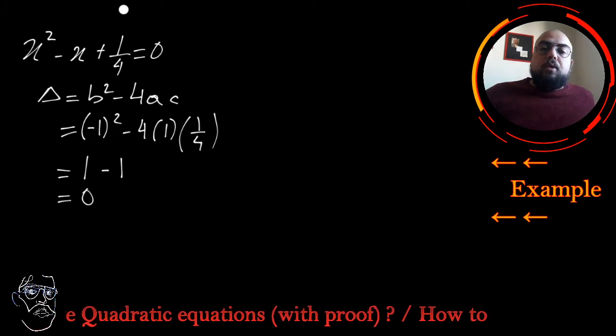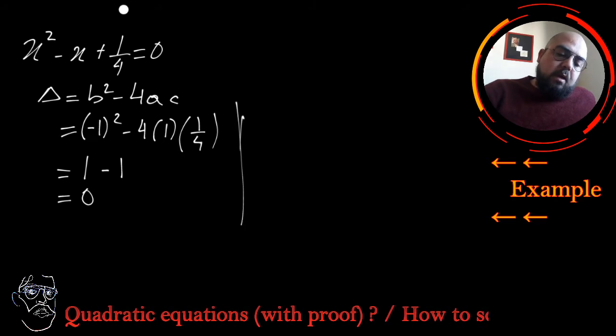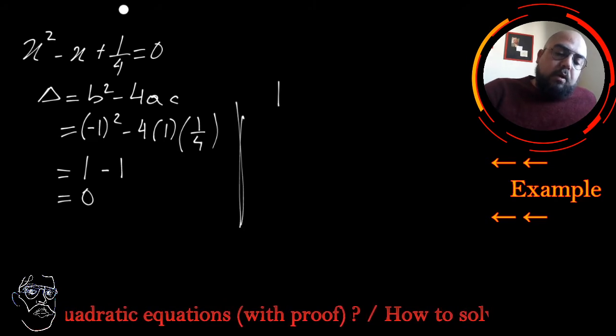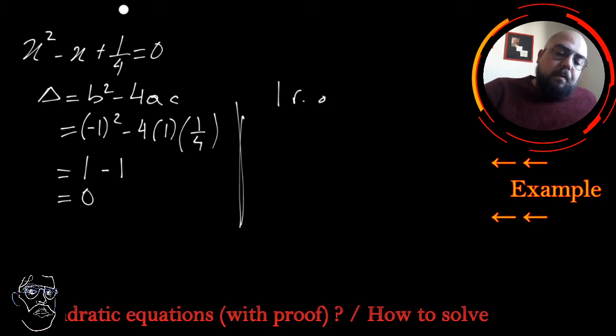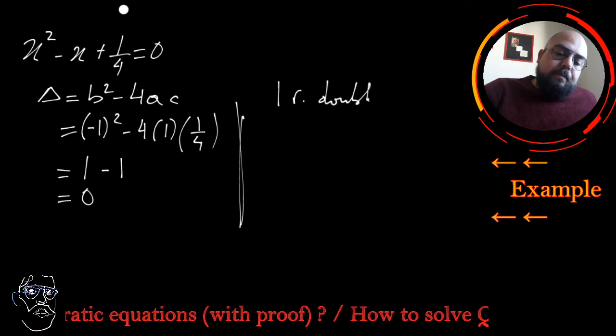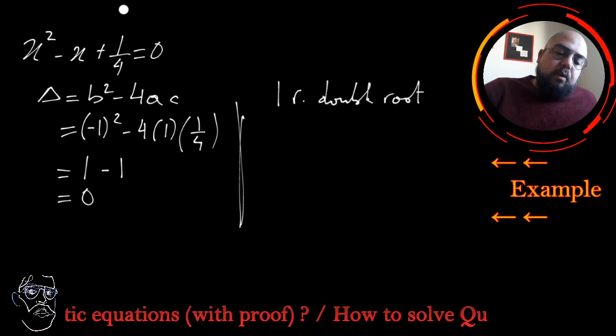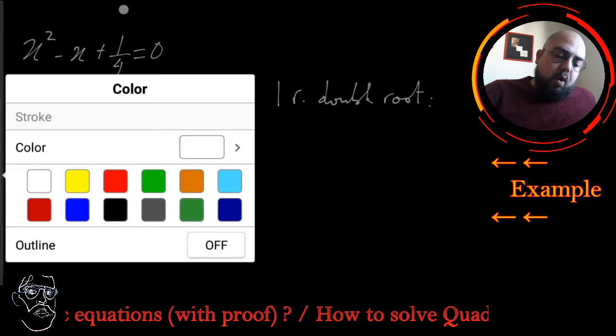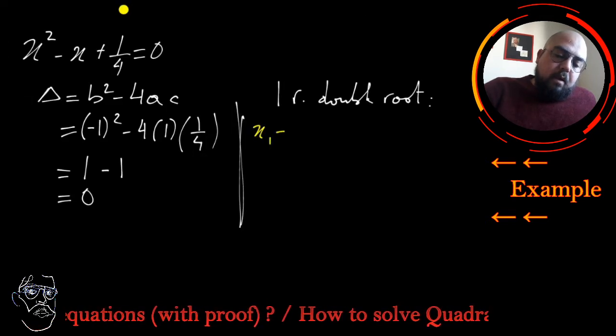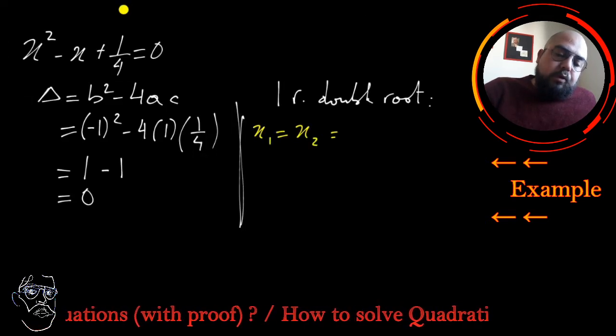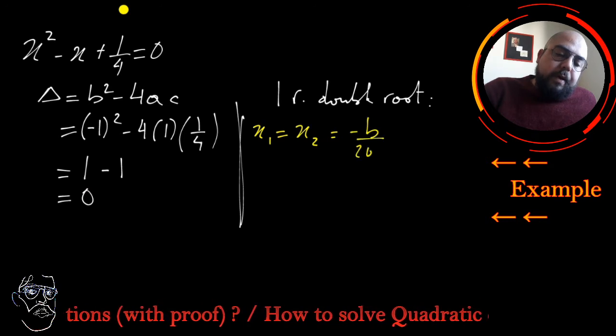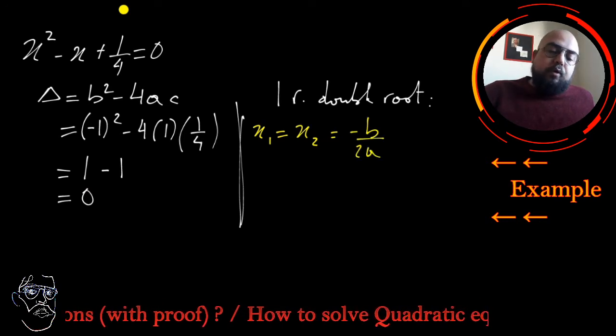Since delta is equal to 0, you have one real double root, which is x1 = x2 = −b/2a. What is −b/2a?